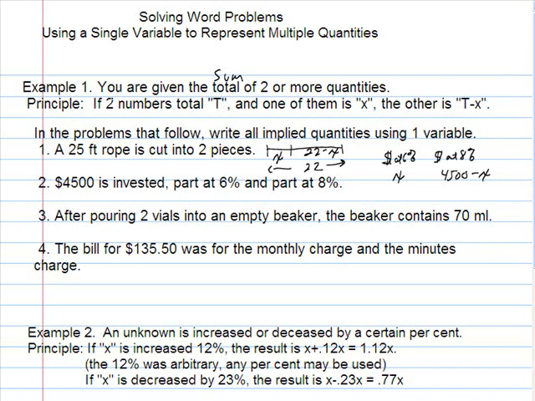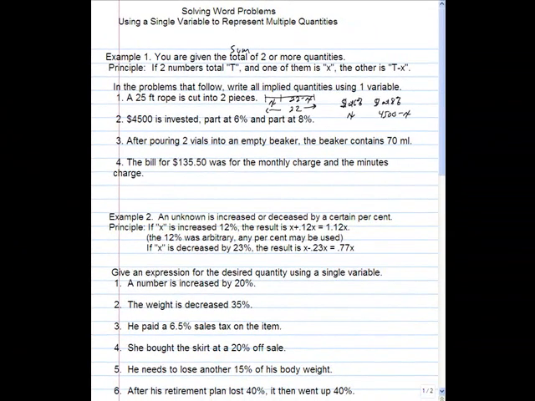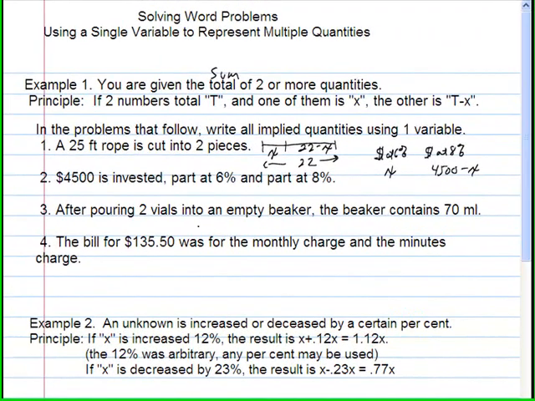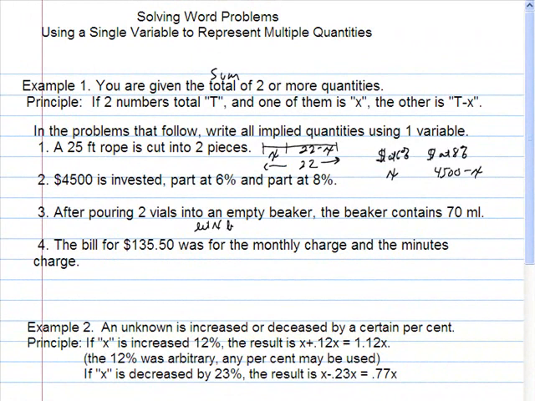So our principle would say if 2 numbers total 70 and one of them is X, the other one is 70 minus X. So let's say let X be the number of milliliters in the first vial, then 70 minus X is milliliters in the second vial. There it is. If two numbers total 70 milliliters and one of the numbers is X, then the other one is 70 minus X.